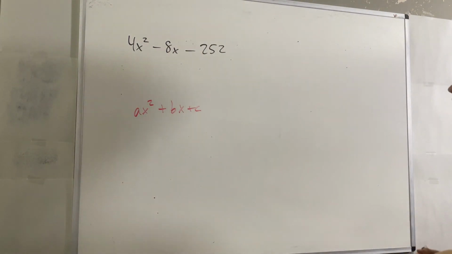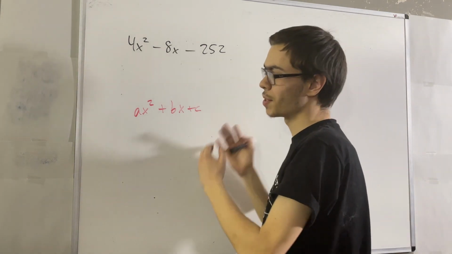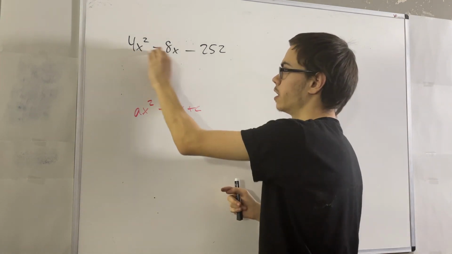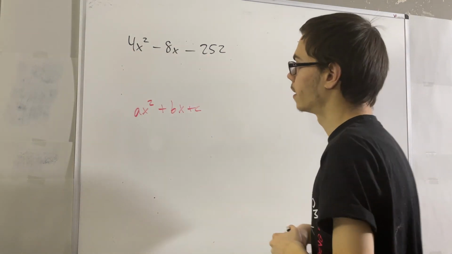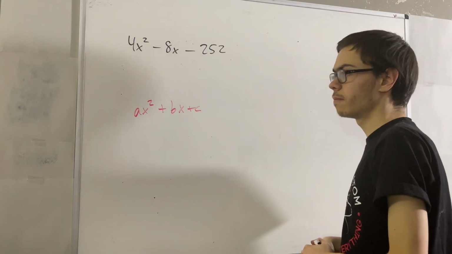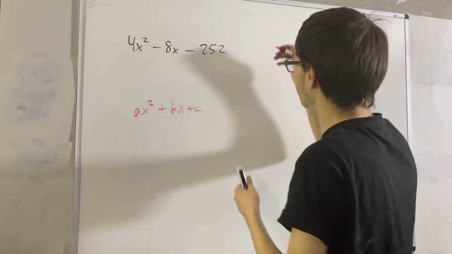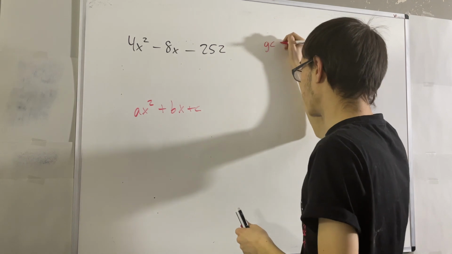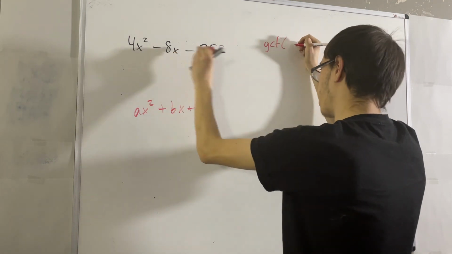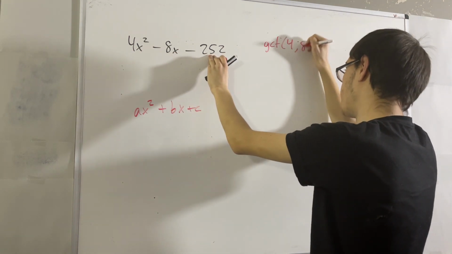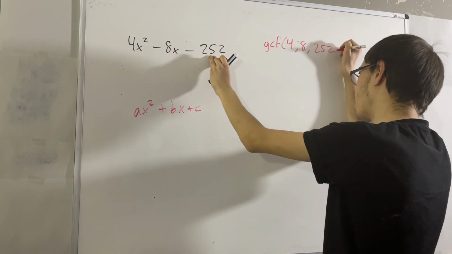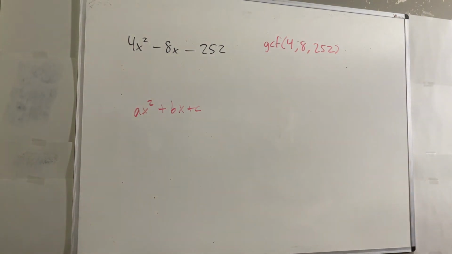And because it is in that form, we first need to check to see if there is a greatest common factor between these 3 terms. That means we're trying to determine the greatest common factor of our 3 numbers. The positive versions of those numbers is what we're really thinking about, 4, 8, and 252.